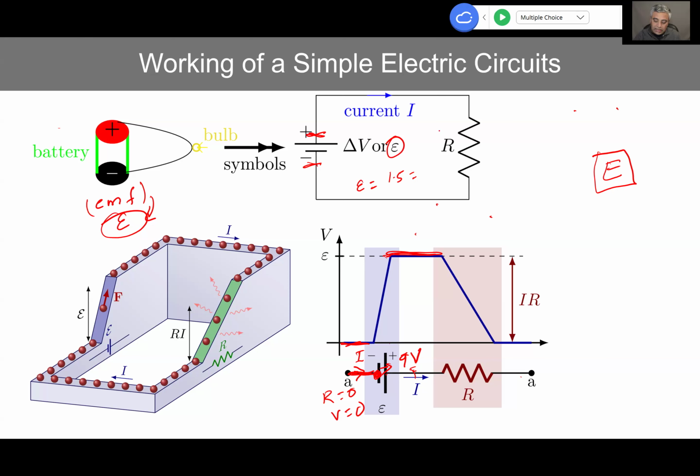So often this is also equal to delta V, but there is tiny resistance inside the battery as well. Because of that, delta V is often a bit smaller than EMF, okay? So unless we are told, we're going to be using this EMF is same as the potential difference provided by this battery, okay? So this EMF is going to be equal to potential difference of this battery. They're going to be equal.